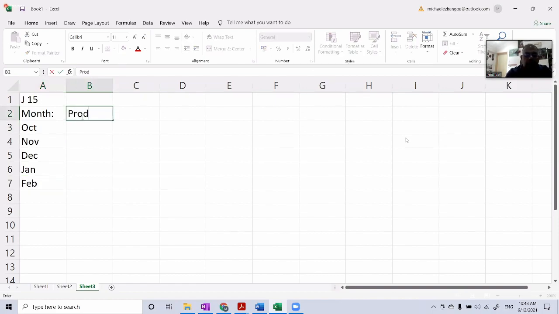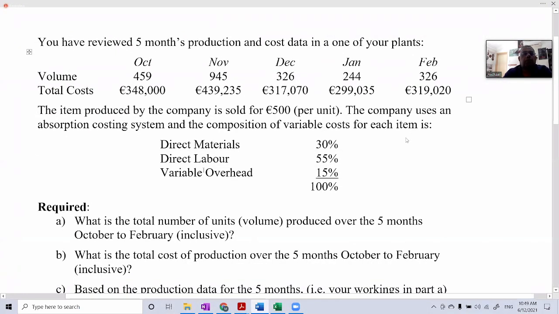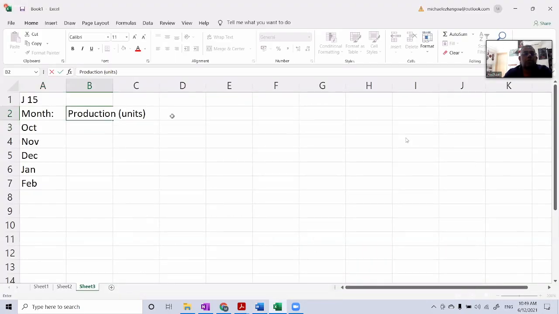We have production units, and then total costs in euro.